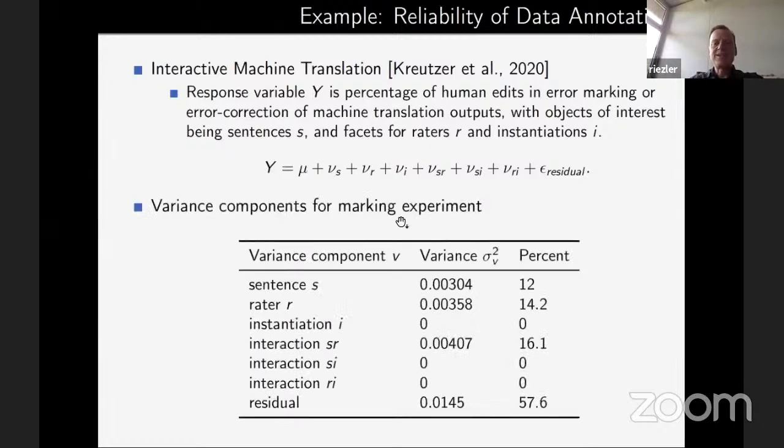And what we will see here for an example experiment where we looked at learning from post edits and learning from error markings, that the raters that did the error markings had a 12% variance on the sentence and a greater variance between the raters themselves. So that's not a good result.